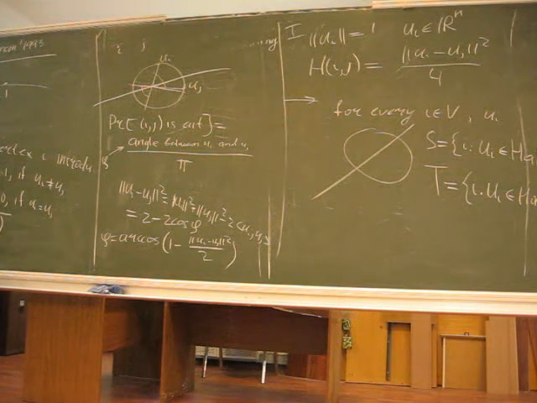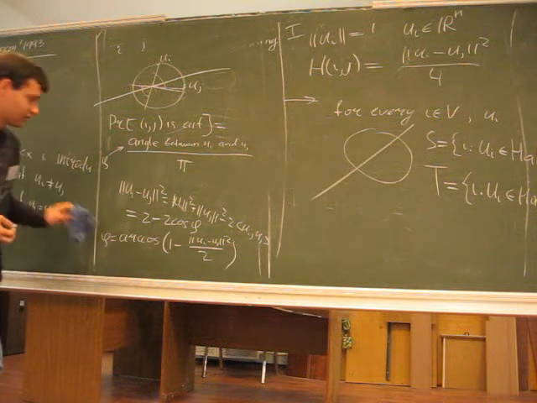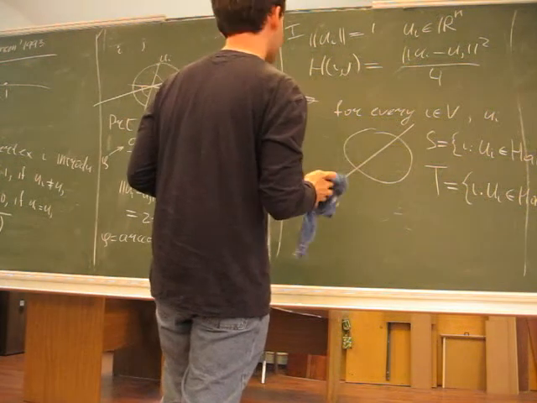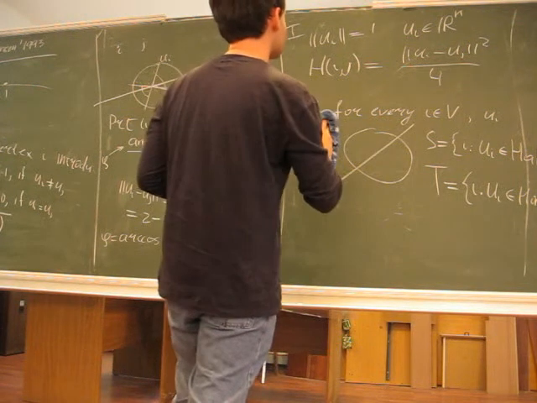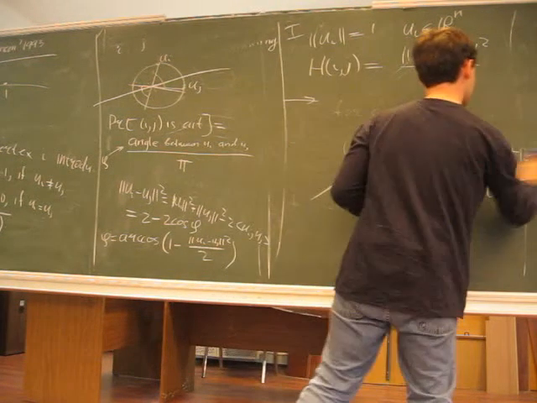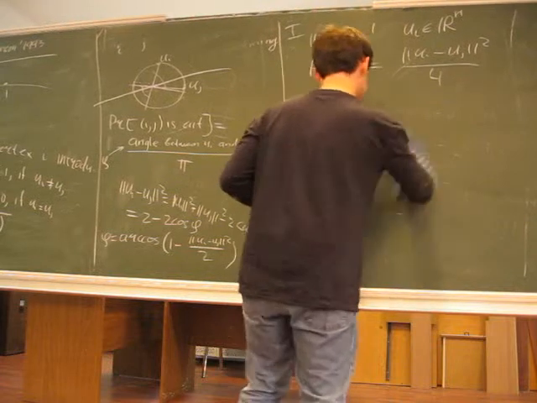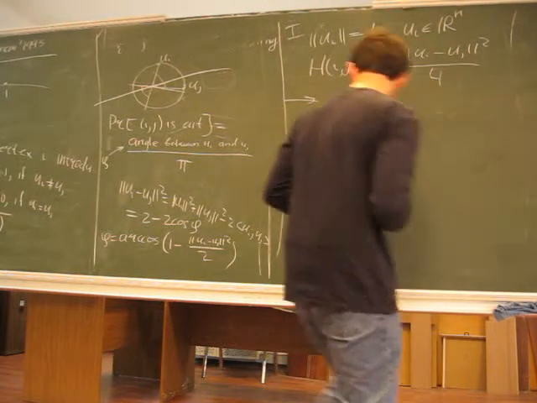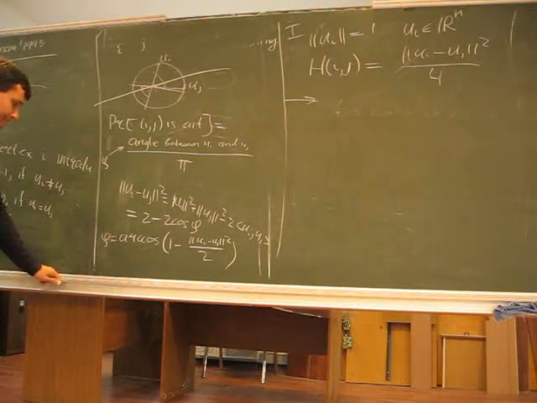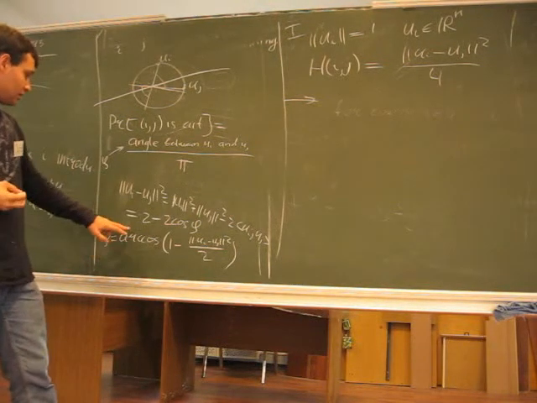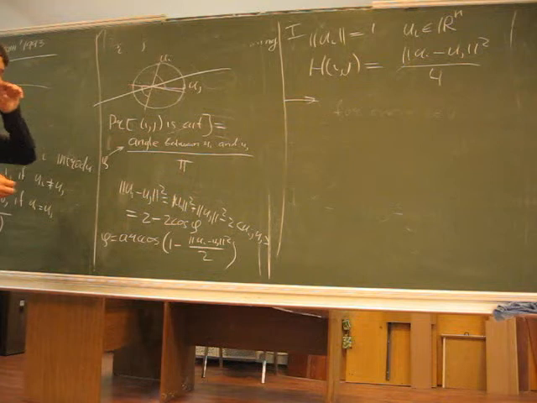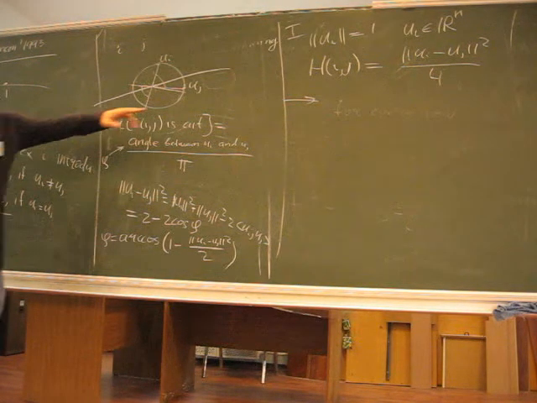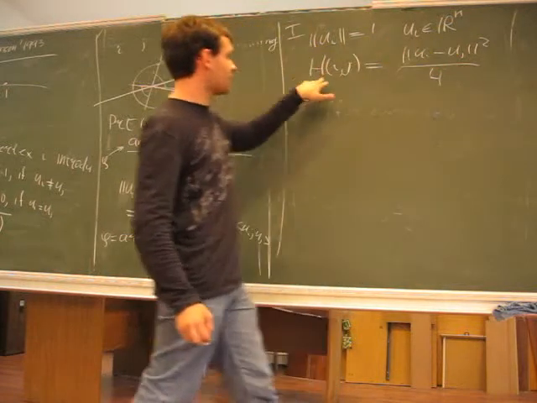Okay. Now we want to express this probability in terms of the contribution of this H_ij.